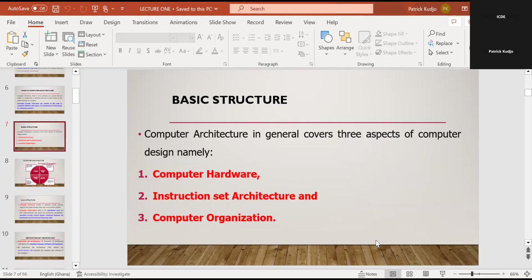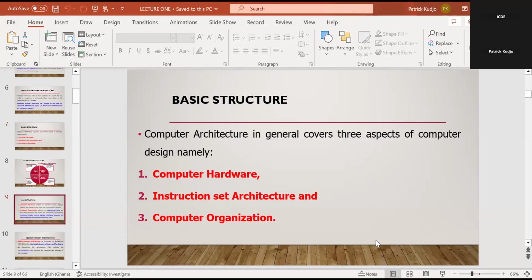How did I describe the hardware? I said it is the physical component of the computer system that you can see and also touch. And I said we have 5 main categories: input, processing, storage, output, and distribution.